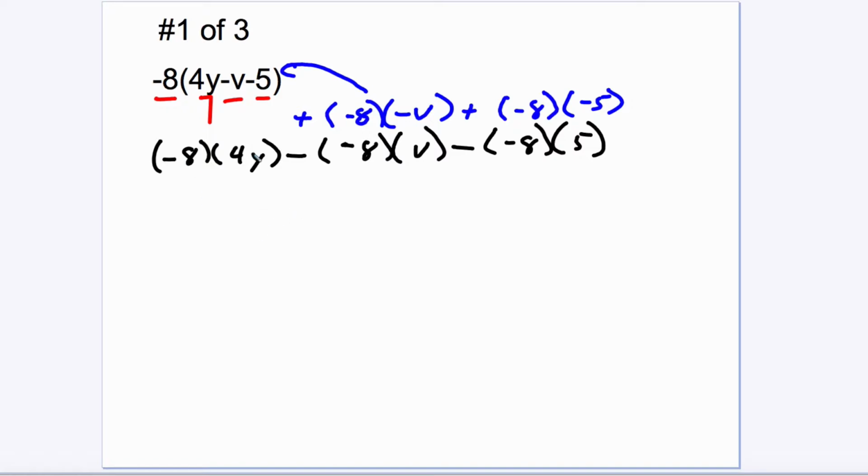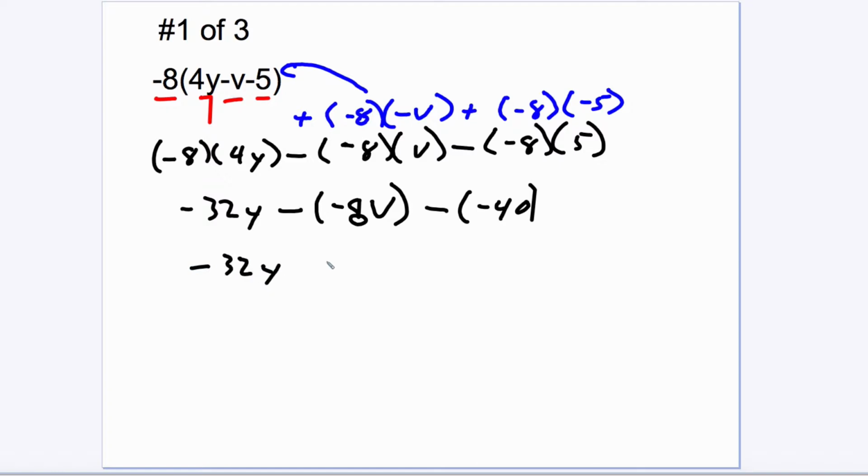So -8 times 4y is -32y minus -8 times v is -8v. That's an 8. Minus -8 times 5 is -40. Now, because we need to continue to simplify this, it's -32y plus 8v plus 40.